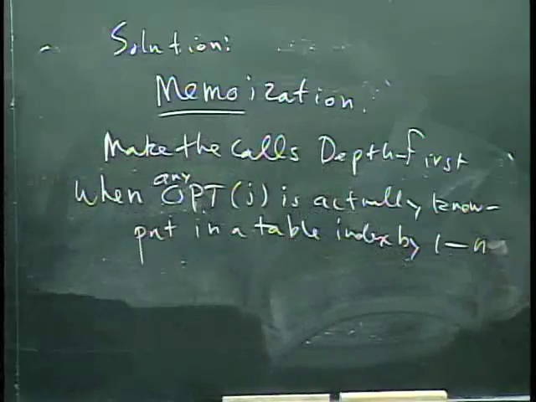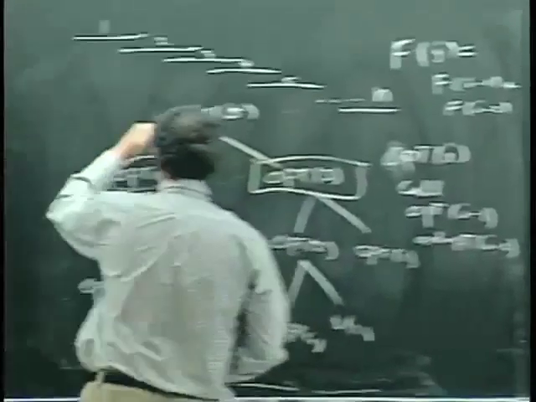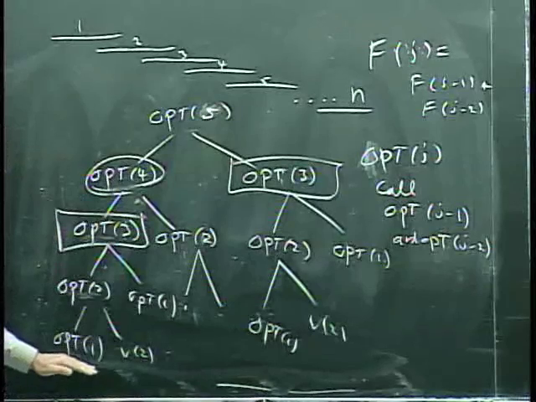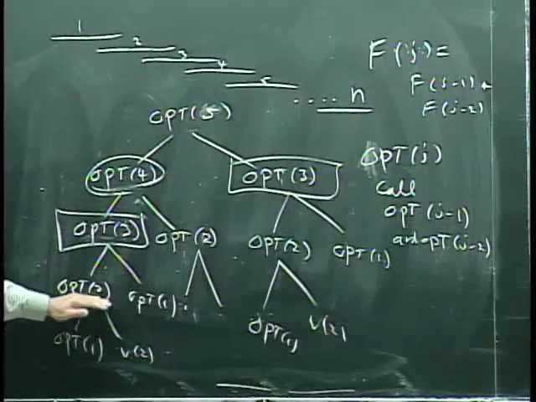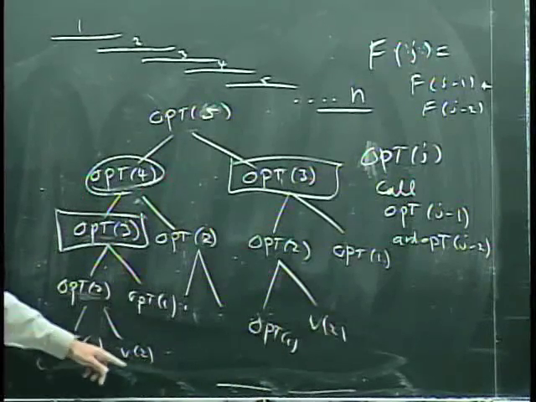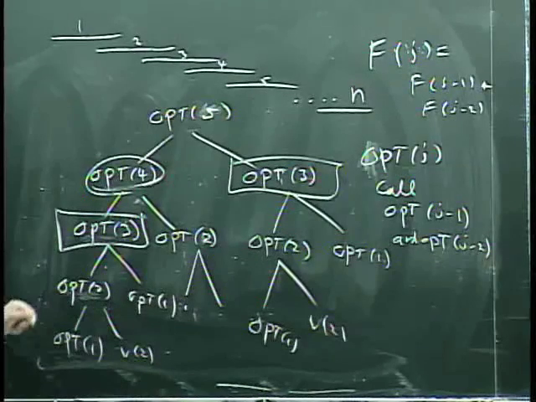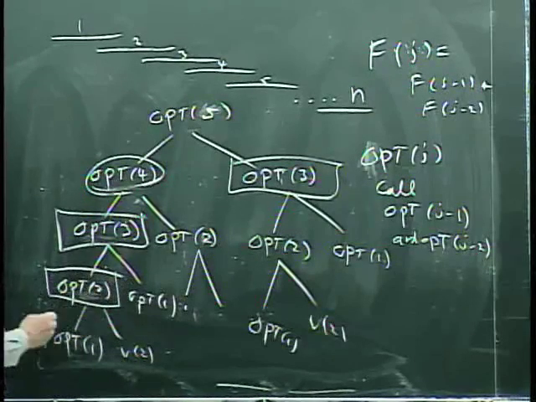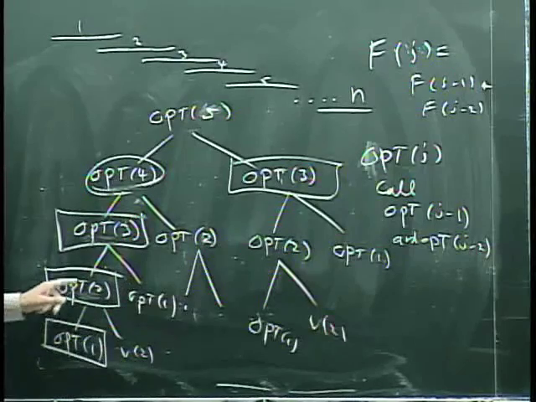So again, opt5 calls opt4, calls opt3, calls opt2, calls opt1. So we have that value. Opt2 is either opt1 or it's the value of 2, whichever is the best. Now we know what opt2 is, and we also knew what opt1 is. So these could be put in a table.